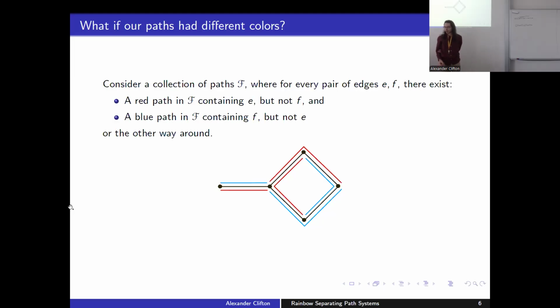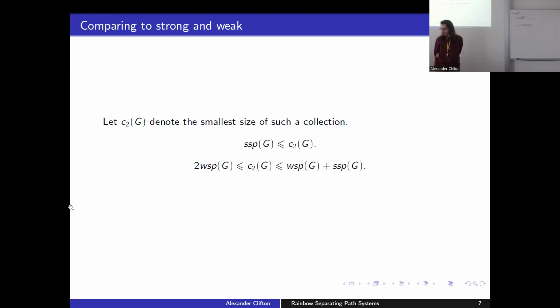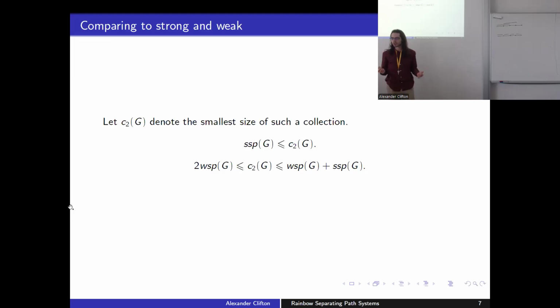So how is my notion of coloring separation related to what we've already talked about with weak and strong? So first basic bound that we can observe is if you take your red and blue separating thing and you get rid of the colors, well, I still have something that includes E but not F, something that includes F but not E. It's still strong.